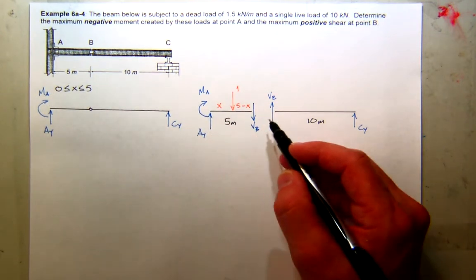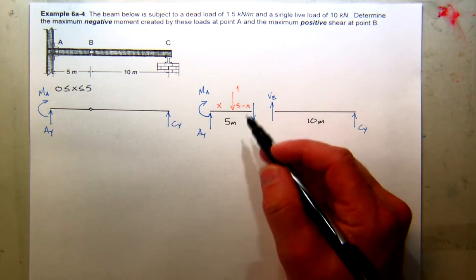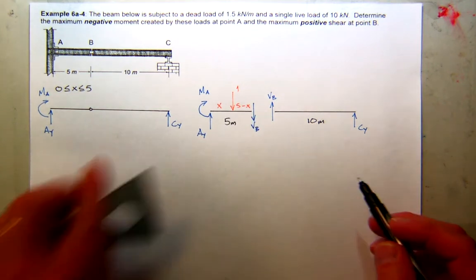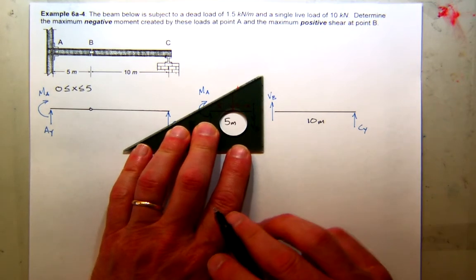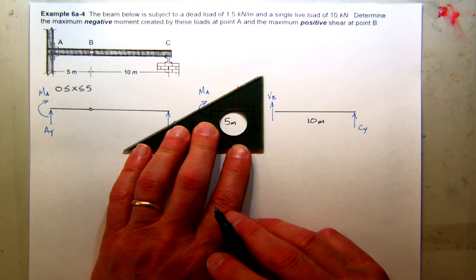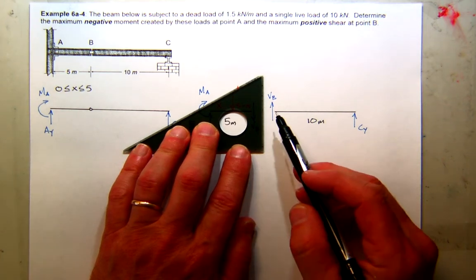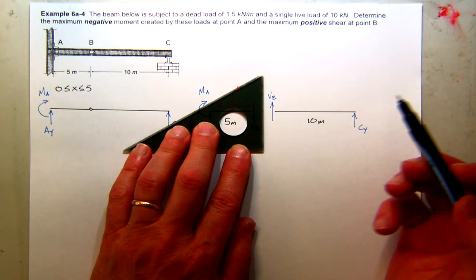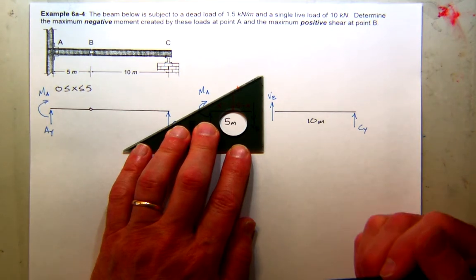Now, what's the shear at B here? Well, if you look at the right-hand side free body, what are all the forces there? They're 0, right? You see that? There's no applied force, so the reactions are 0.